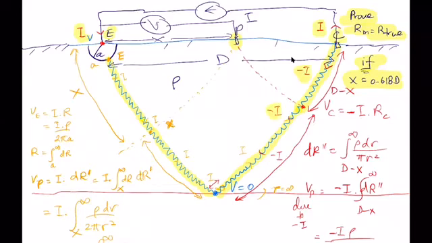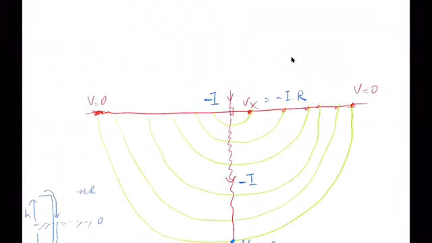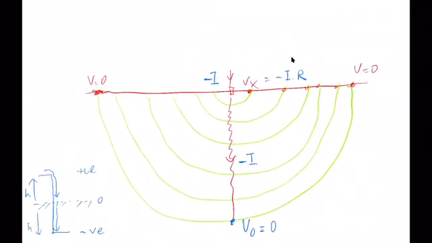Negative current means if it goes in, it is negative current. Okay, so because of that, as I said just now, any current that goes in will produce a voltage profile. So positive current will produce this profile. Negative current will also produce the same profile like this. You understand?